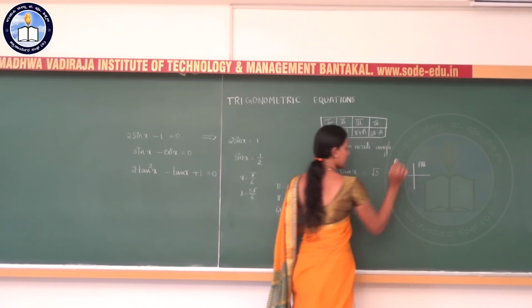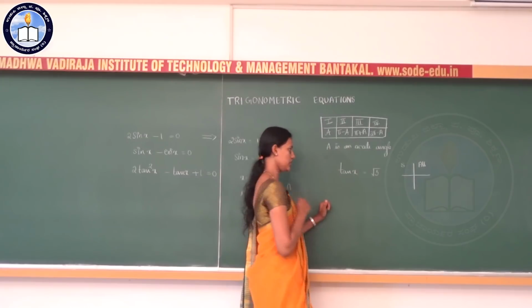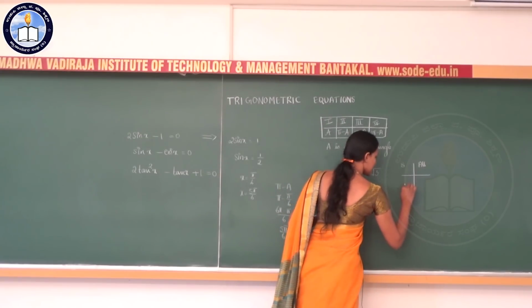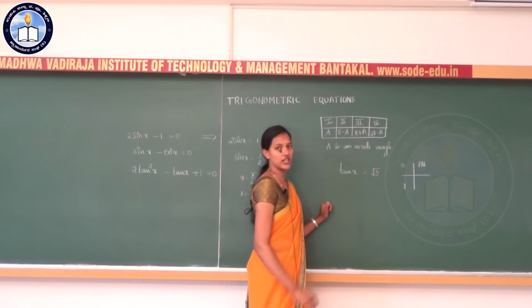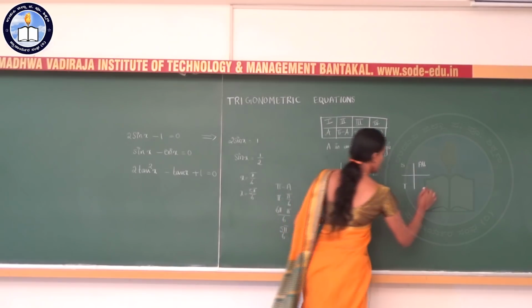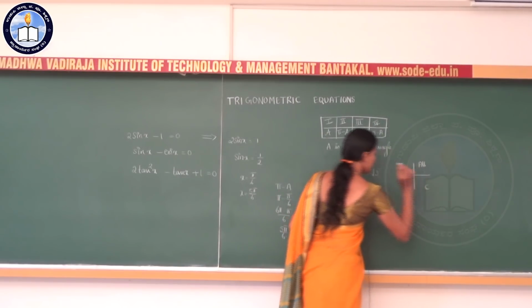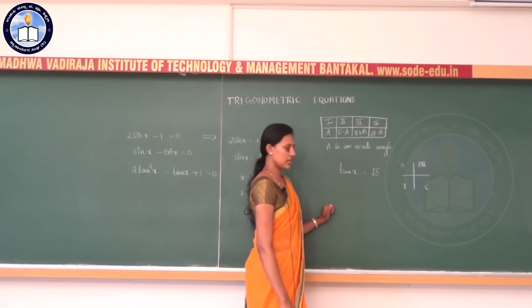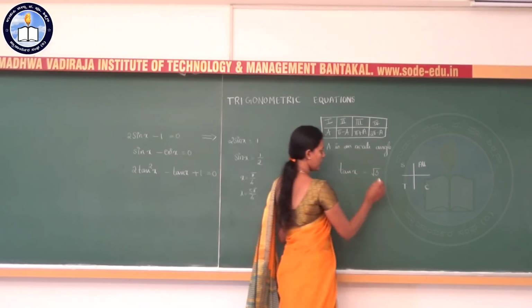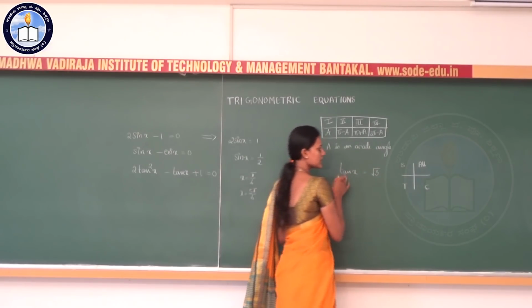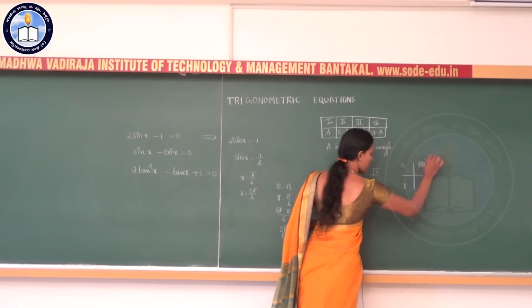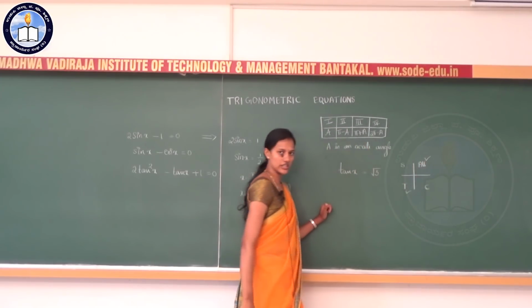In the second quadrant sine and its reciprocal are positive. In the third quadrant tan and its reciprocal are positive. And in the fourth quadrant cos and its reciprocal are positive. Now, tan is positive in the first and third quadrants.